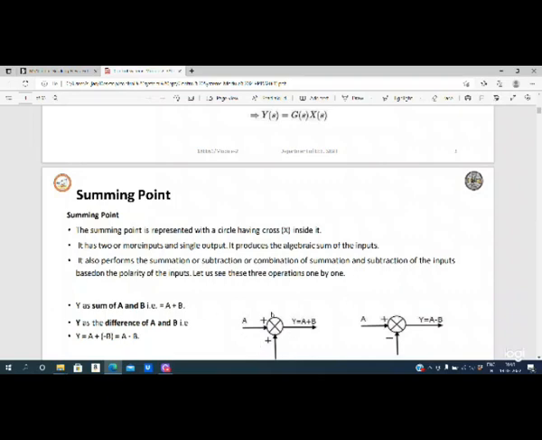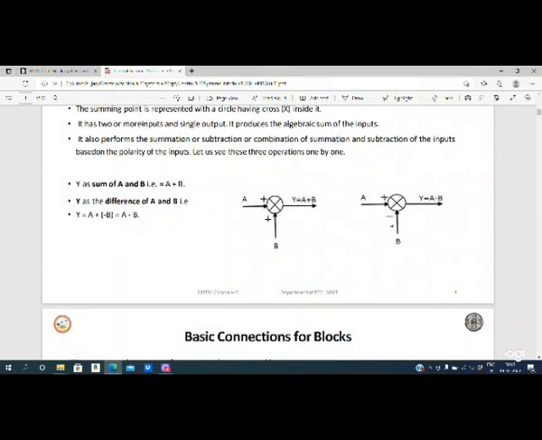How many inputs are there? We need to add them, and the output will consist of the addition of all the inputs. So Y is equal to the sum of A and B, because A and B are the input signals, that is A plus B. Y can also be the difference of A and B, that is A minus B, if you have signal A and signal B with a negative sign.